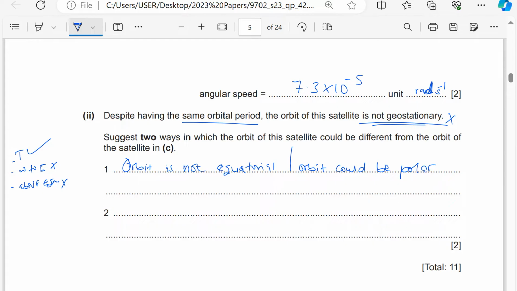Number two, we said for geostationary it should be west to east. Since it is not geostationary, the orbit could be east to west.